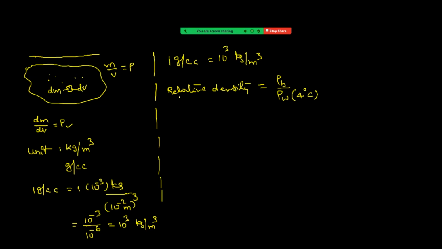This is known as relative density. And you can see this is a ratio of two densities, so it has no units and no dimension formula.